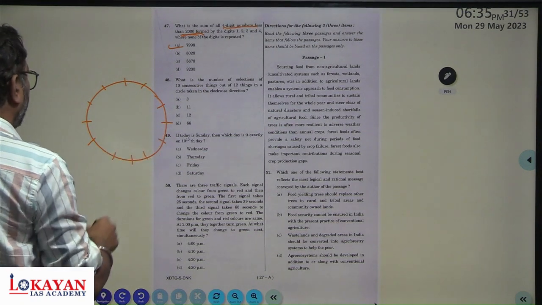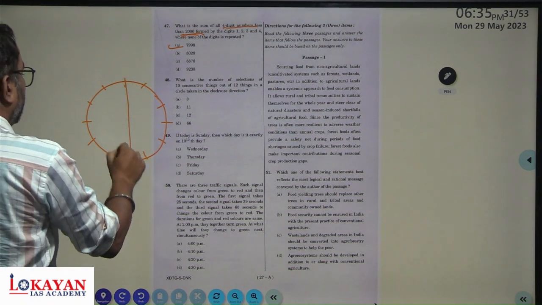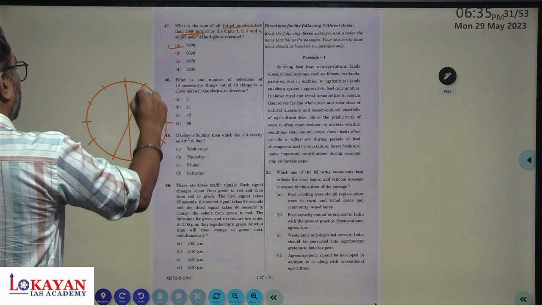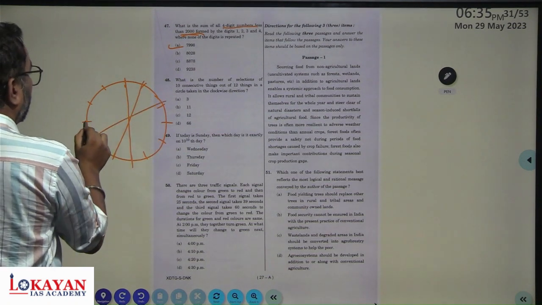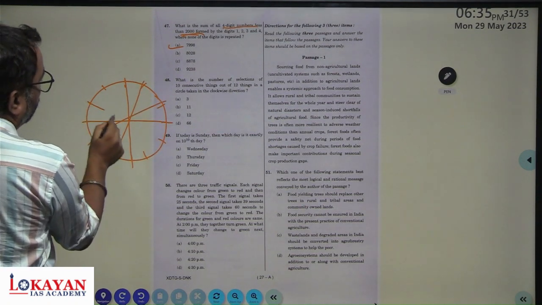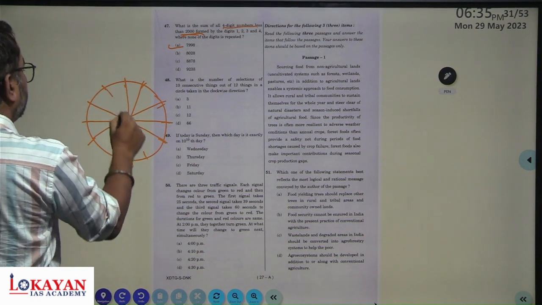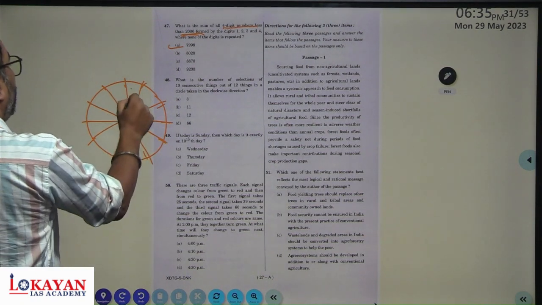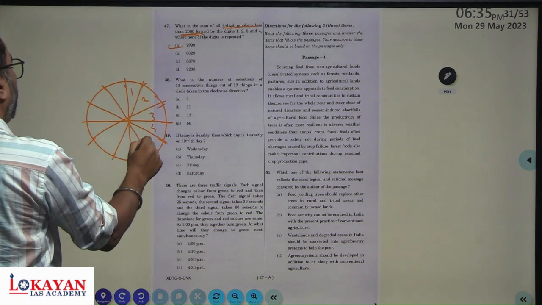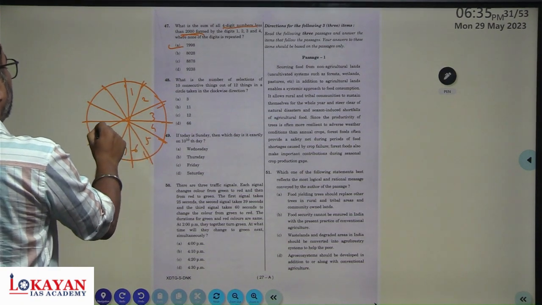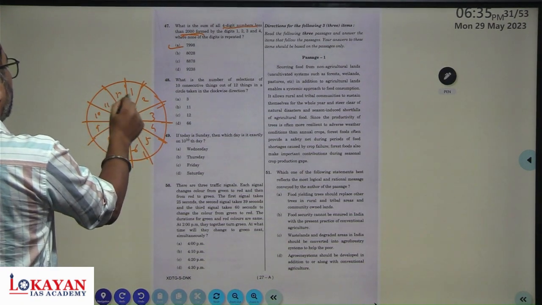These are the 12 parts, right? So I'll just connect these parts. 1, 2, 3, 4, 5, 6, 7, 8, 9, 10, 11, 12.